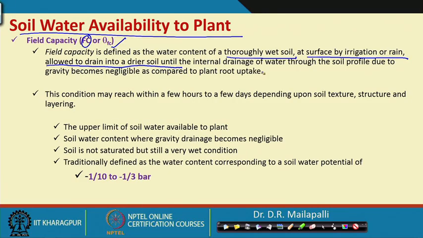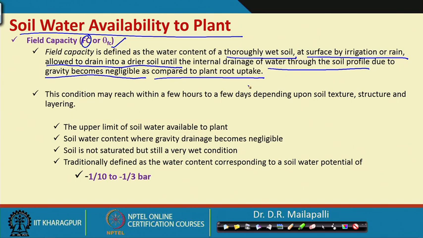Then the drainage of water through the soil profile due to gravity becomes negligible compared to plant root uptake. The situation when the gravity water flow is 0, or there is no gravity flow, is when the moisture content of that soil is called field capacity.